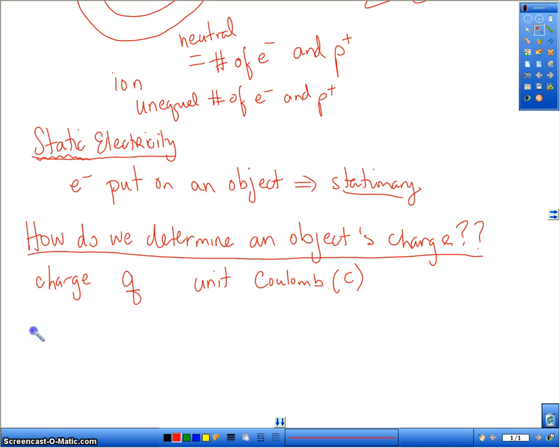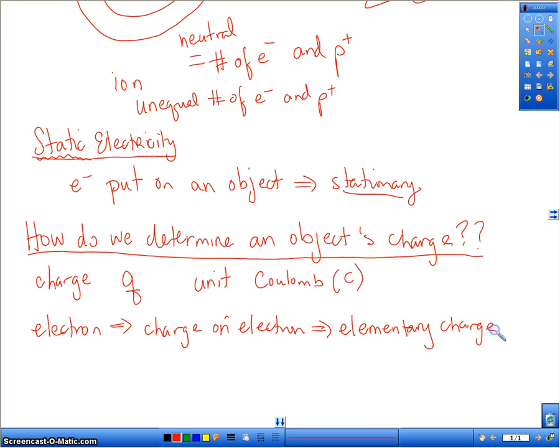And for an electron, electrons happen to have a charge that we know about. We have a special name for the charge on an electron. It's called the elementary charge, because it's the smallest charge possible. You can't split an electron in half and get half of an electron.